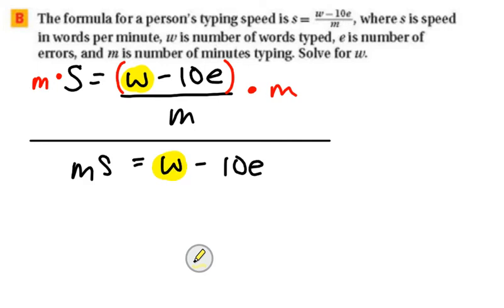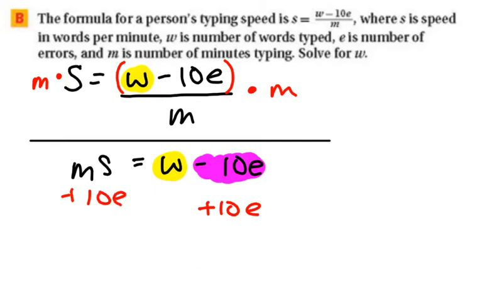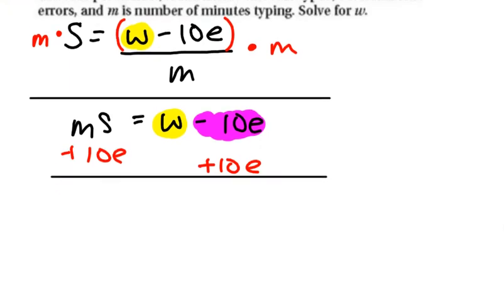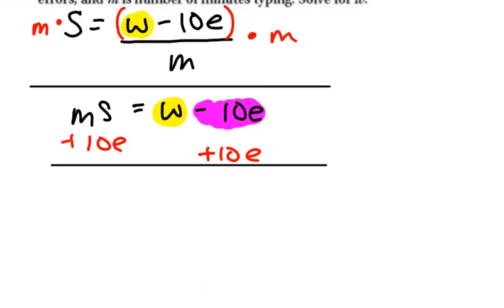Remember that you're still solving for W, so you have to at some point get rid of this negative 10E. So what I need to do is add 10E to both sides in order for me to isolate the variable W. So MS plus 10E is not MS times 10E.